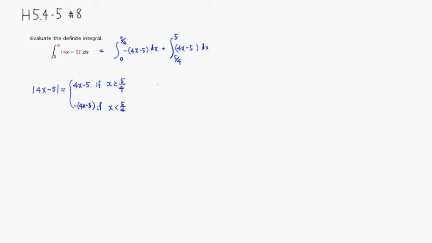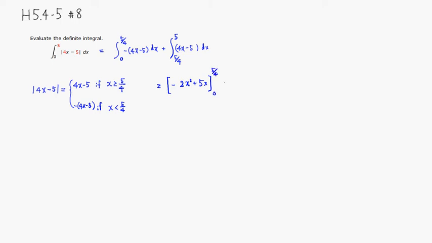So this is going to be the negative sign times the antiderivative of 4x, which is 2x squared, and then negative 5 gives a positive 5x, going from 0 to 5 quarters.